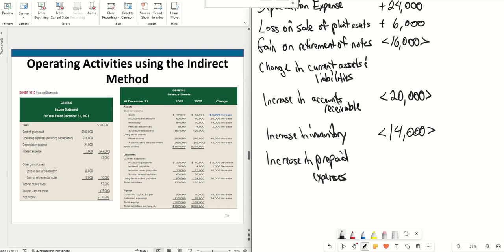Now, if prepaid expenses increase, which it did by $2,000, this tells you that more cash was paid than what was used up. Since more cash was paid than what was used up, which reflects the $2,000 increase in prepaid expenses, you're going to have to decrease $2,000 from net income.